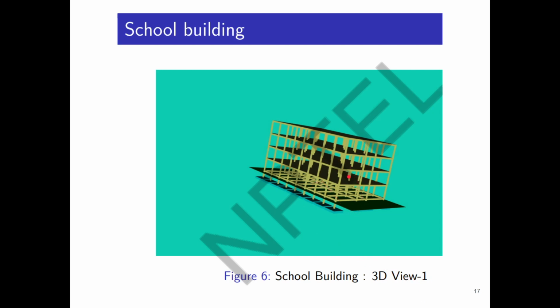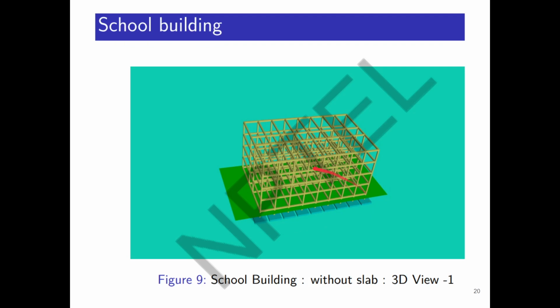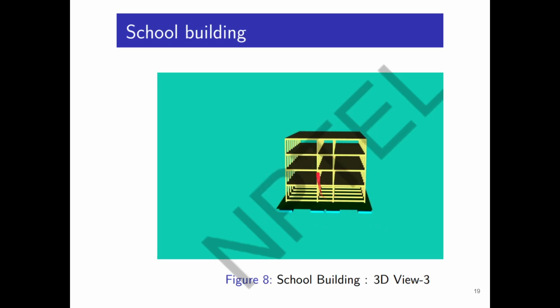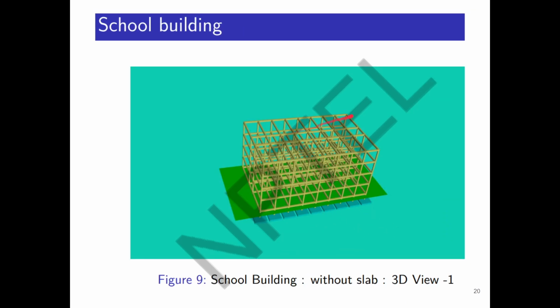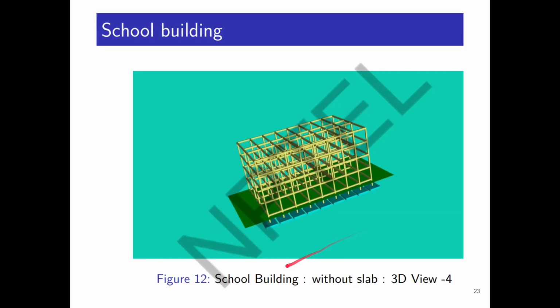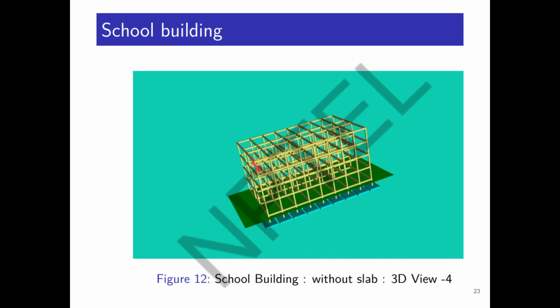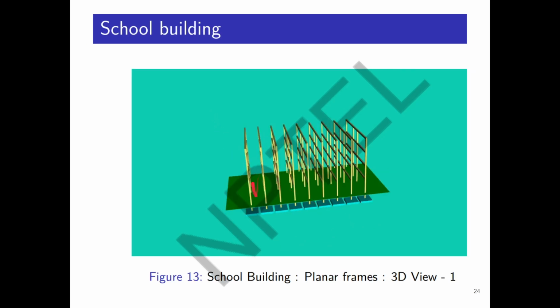This is view 1, view 2, view 3, so the three views they have shown with slab, and without slab they have shown the naked skeleton, the structural skeleton, in various views. And if we remove the beams at one side, we can also see the planar frames. These are the frames which will be acting.